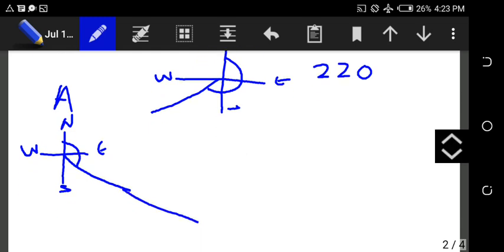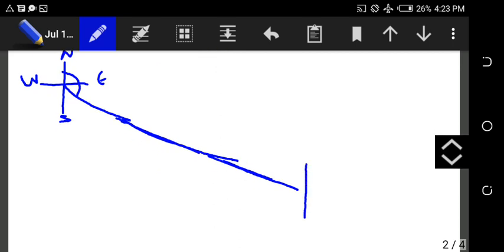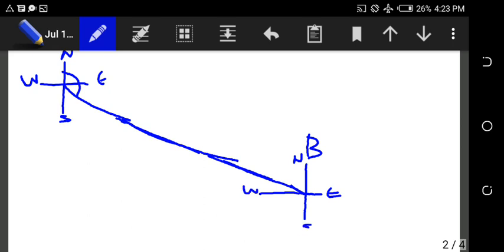So someone set out from point A at this bearing and then got to point B. This is point B, having also the north, the east, the west and the south.